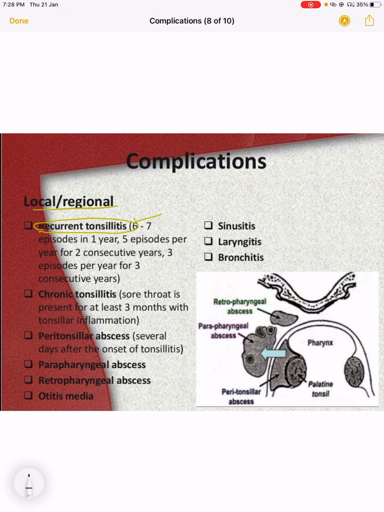Recurrent tonsillitis: acute tonsillitis may come to a chronic stage, this is known as recurrent tonsillitis. Peritonsillar abscess, parapharyngeal abscess, retropharyngeal abscess, otitis media may occur, sinusitis occurs, laryngitis also occurs, bronchitis also occurs.